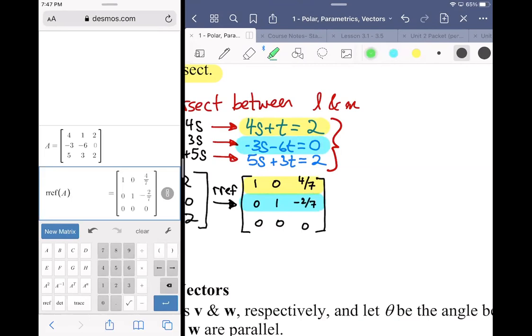But you can see that it's all equal to 0, so that last one is kind of a moot point.